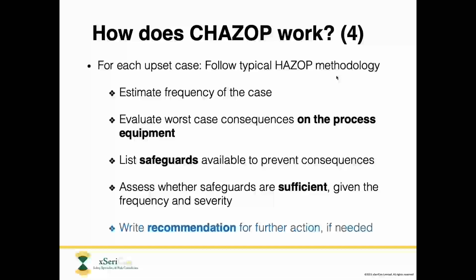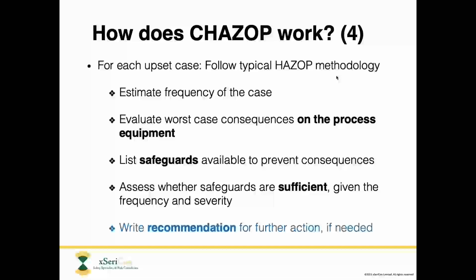Sometimes if the frequency is not known, we can make an assumption about the frequency. Typically we maybe assume 0.1 times a year for a typical failure or upset or misoperation event, and then work through with that frequency to see if it yields a relatively high risk ranking at the end of it.